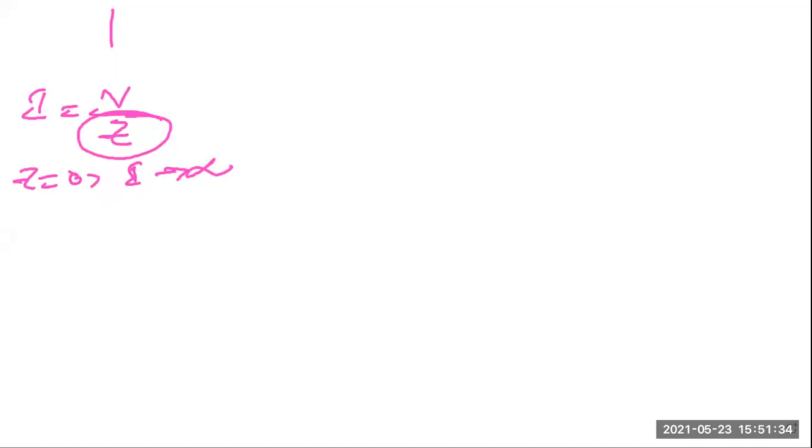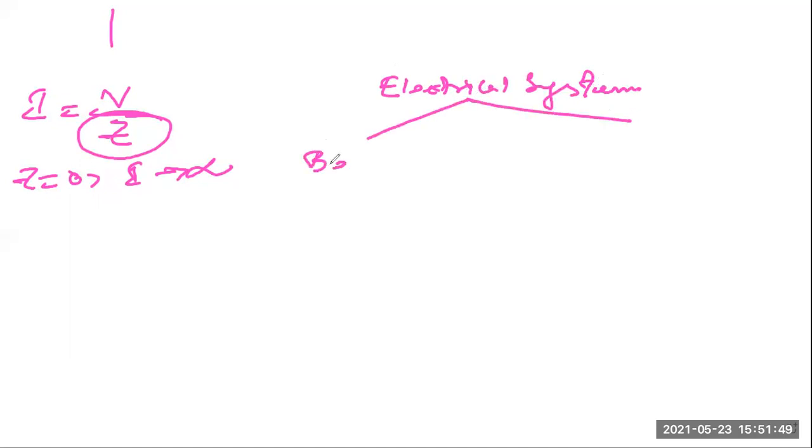Let us say we normally classify this particular electrical system, any kind of electrical system, into two categories. One is your balance system, and then there is an unbalanced system.